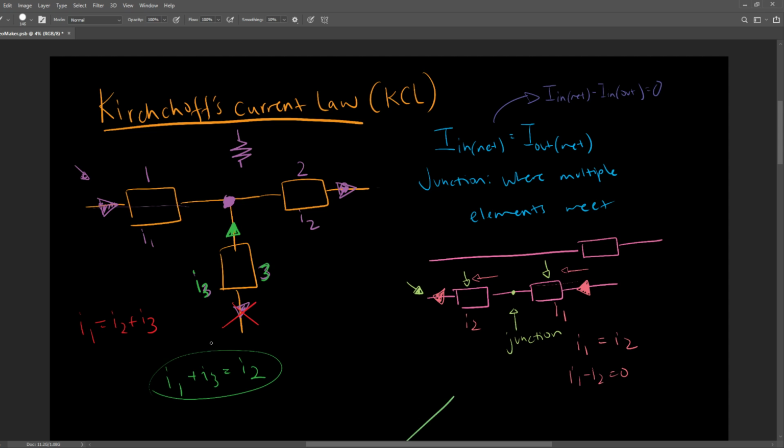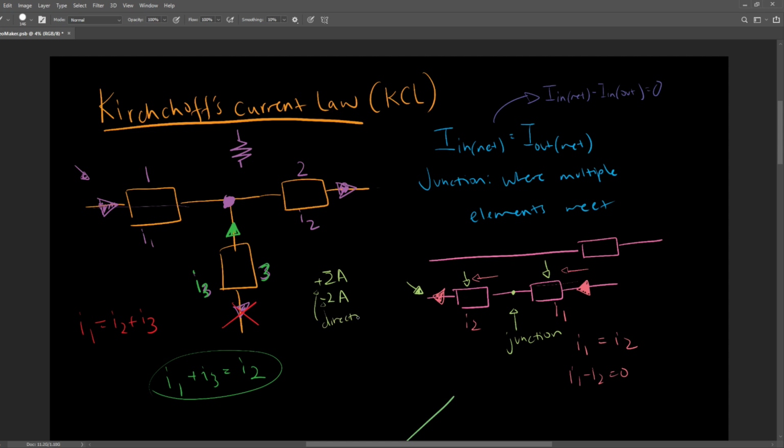But you may start to wonder, well, isn't that going to change our I values? The short answer is no, because current can be negative or positive. For example, let's say we had 2 amps. That 2 amps could be negative 2 amps. All the negative and positive means is direction.